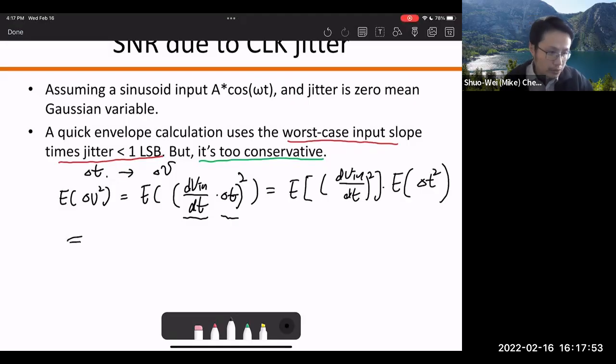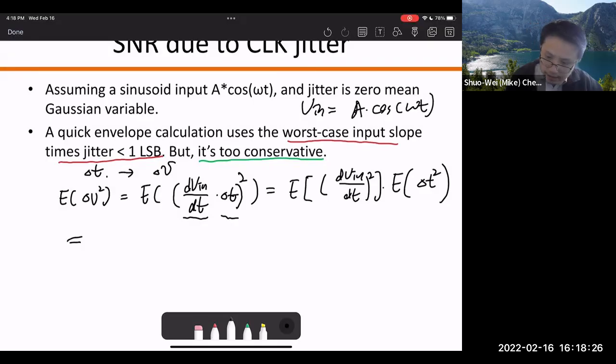For this analysis, I'm going to assume that my input is a sine wave. We have done this before, remember when we calculated the SQNR; we also assumed the input is a sine wave. So let me write down: V in here is A times cosine omega t. That's my assumption.